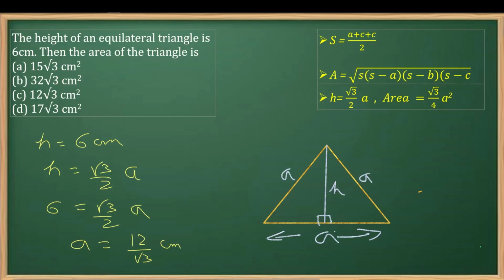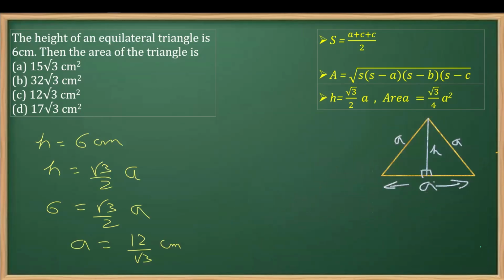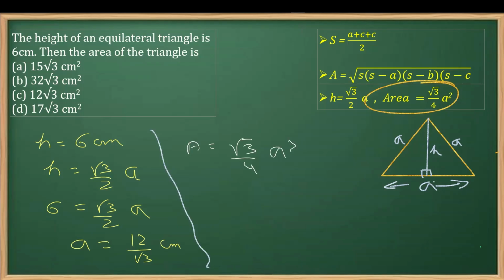Now that we have the side of the equilateral triangle, we can find its area. For finding the area, we are going to use the relation that the area of an equilateral triangle is root 3 over 4 times a squared. So this is root 3 over 4 as a constant, and a is 12 over root 3 into 12 over root 3, the square of this.